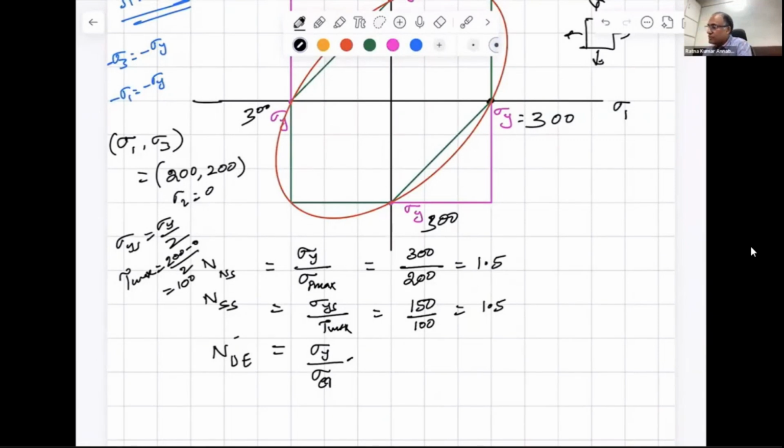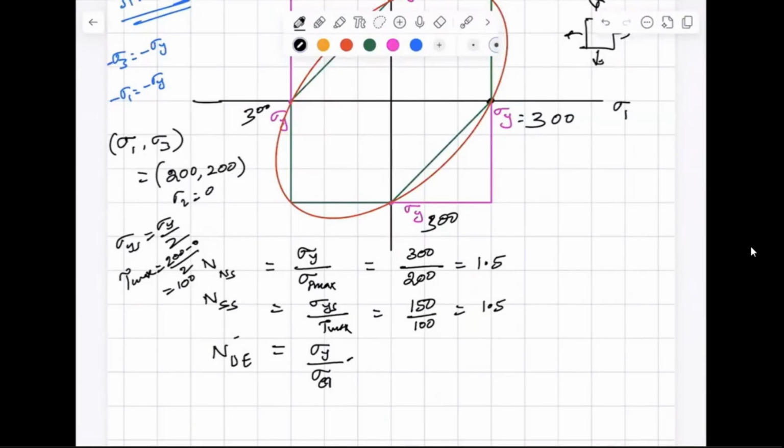That is square root of 200 square plus 100 square minus 20,000, which is 173.2.